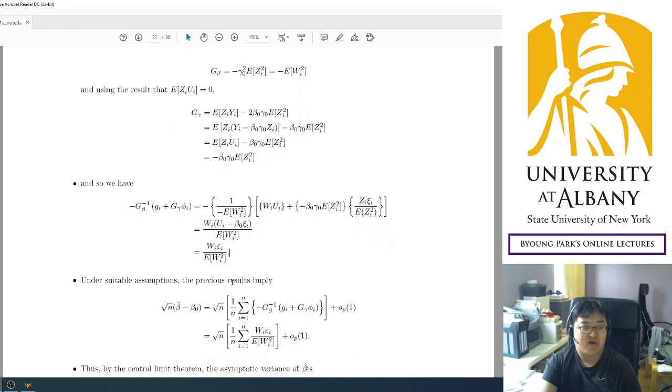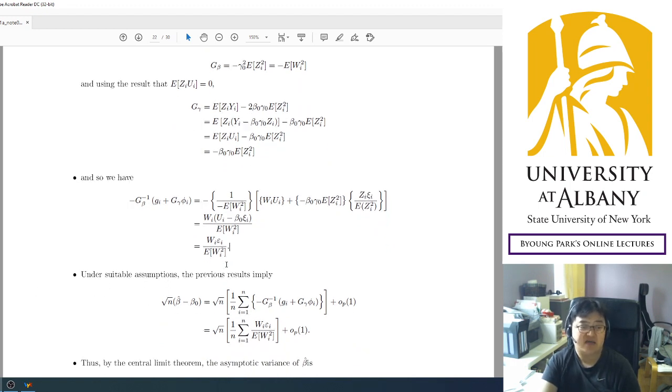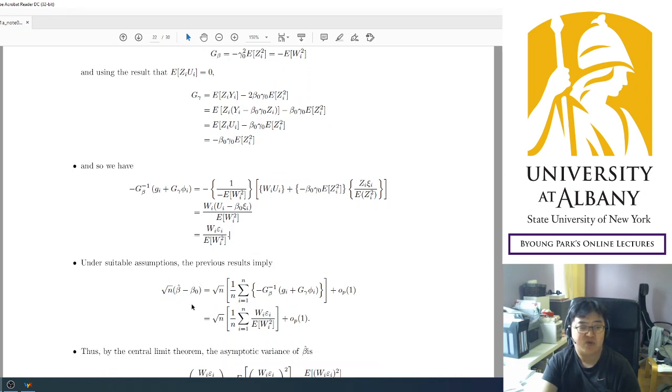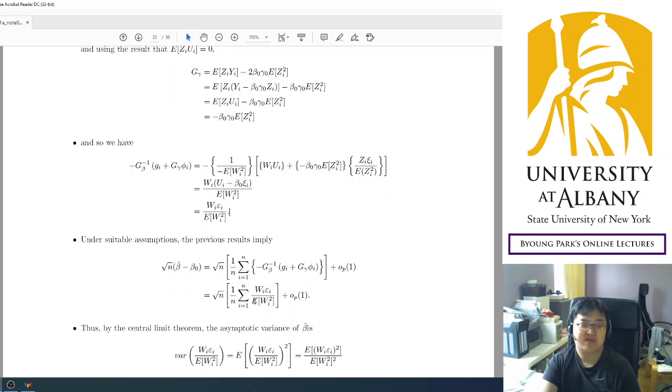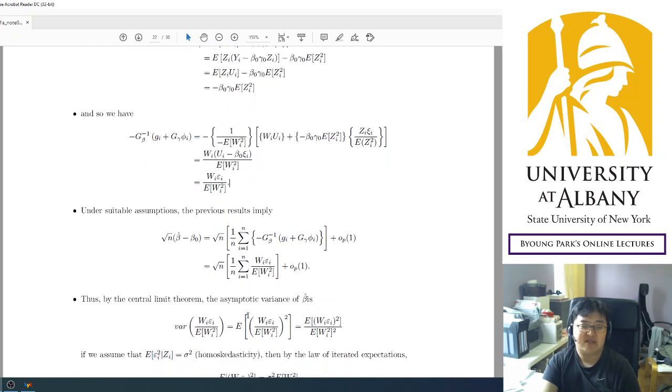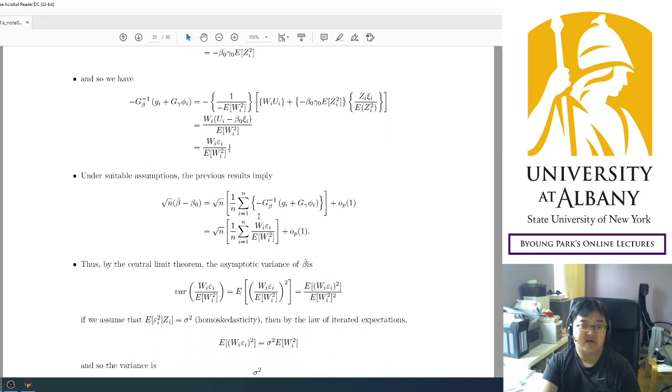Under reasonable assumptions, it implies that the asymptotic distribution of beta hat is approximately this. Applying the central limit theorem, the asymptotic variance is the variance of this influence function. So the influence function can be used to calculate the variance.